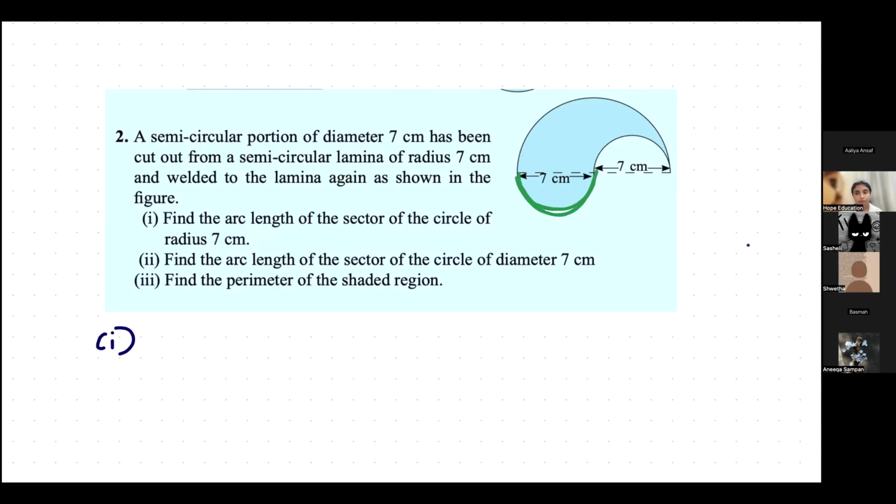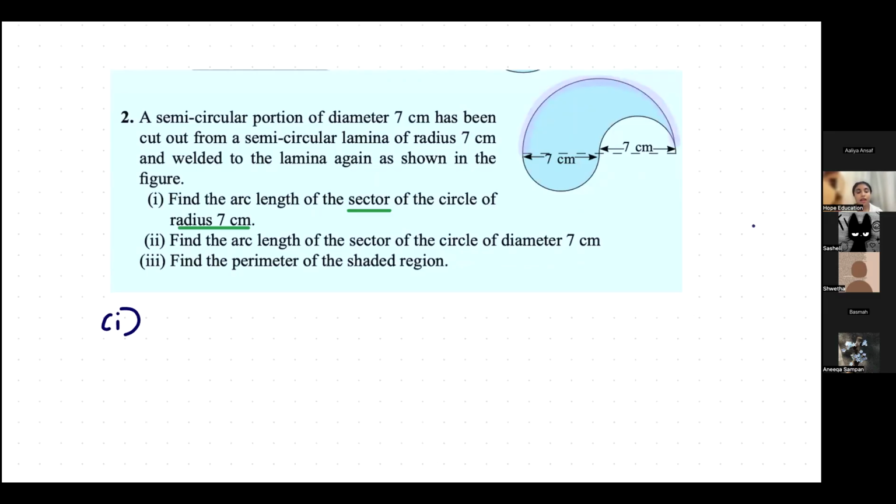Are they asking this arc length? No. Why, Lamai? In this arc, 7 centimeters is the diameter. If you take this arc, again 7 centimeters is the diameter. But I want the sector where the radius is 7 centimeters. Which arc has radius 7 centimeters? This arc. That is the arc length that I have to find.